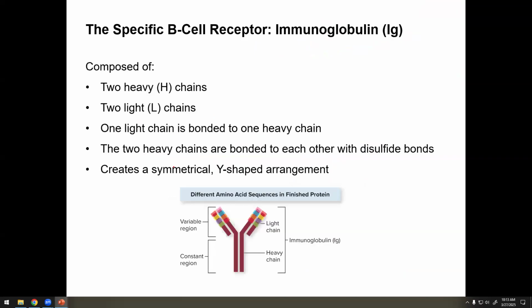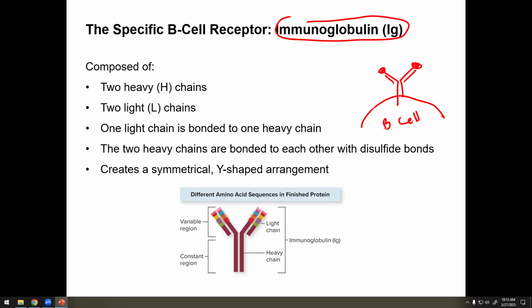So let me show you a picture of what immunoglobulin looks like on our B cell receptor. So immunoglobulin can be the version that we're talking about, that's the receptor, or it can be the version that we're actually making antibody with. So you can imagine that if you're a B cell and this is what your receptor looks like, anchored on the surface of the cell, that now that we have interacted with antigen, with our antigen binding area on our receptor, the antibody that we're going to crank out is going to match that pretty much exactly.